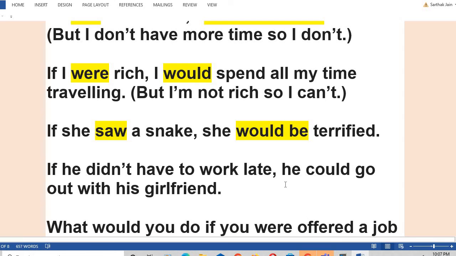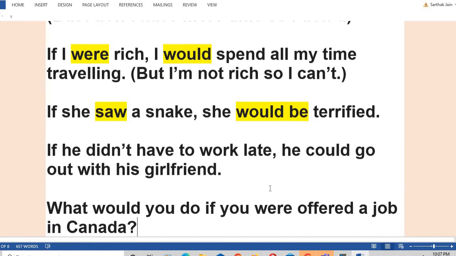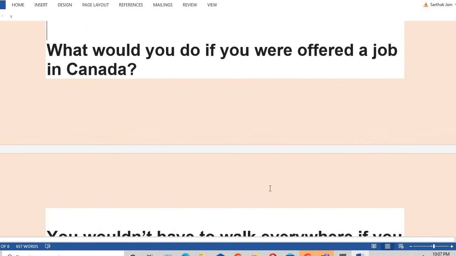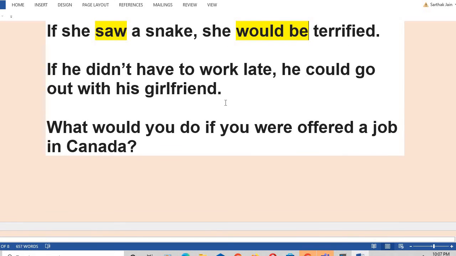Next, if he didn't, I put so many examples here, you can understand yourself. If he didn't have to work late, didn't have simple past and could go out. This I've inserted modal. I would have written would also. Okay, both of these will have the same sense.